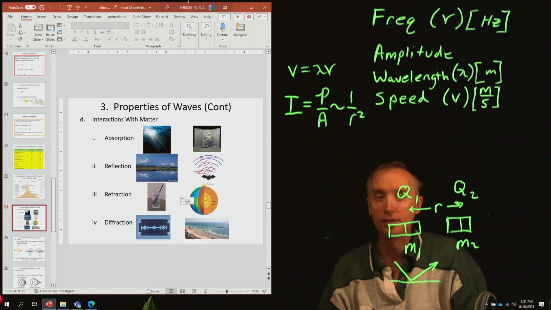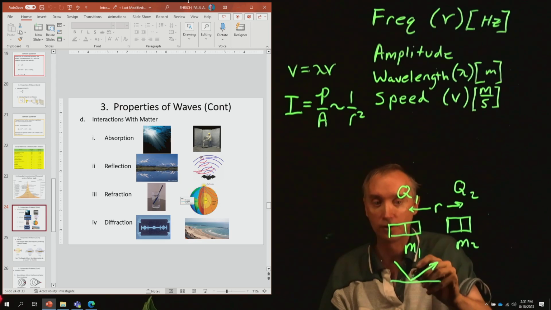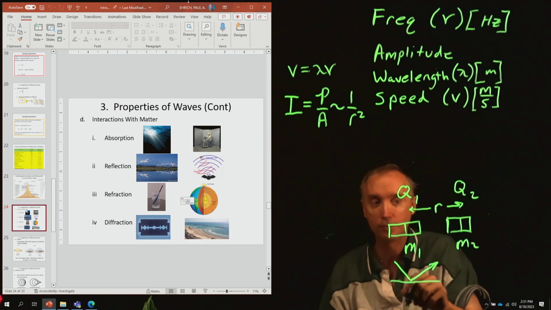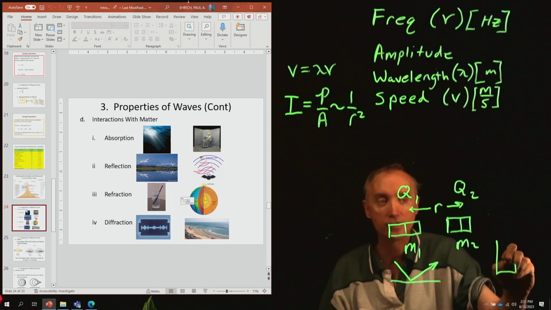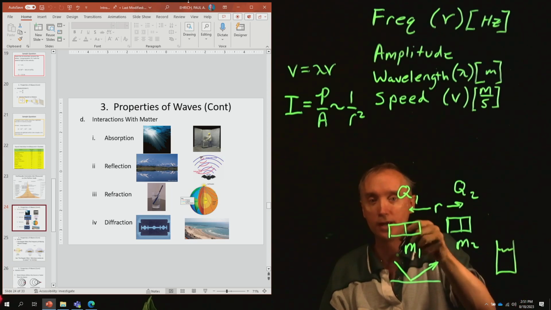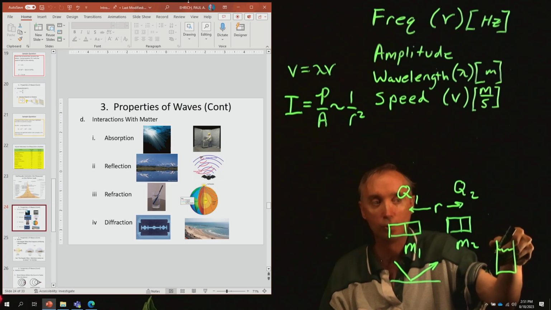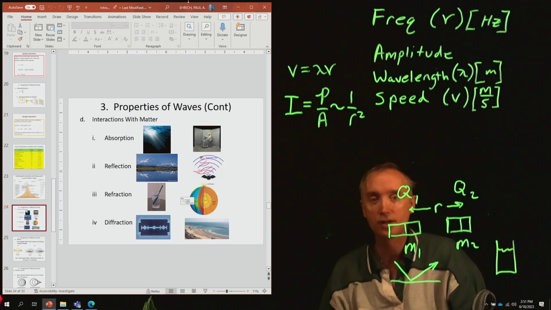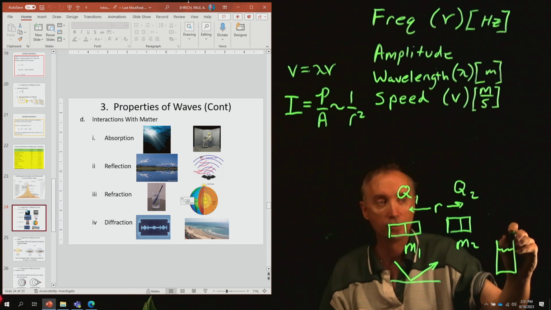Okay, then you also have refraction. Refraction is the bending of a wave when it goes through something. That's a picture of a glass of water with a pencil put into the water, and you should notice it looks like it's bent. It looks like the pencil's going in like this, and then it looks like it's broken.